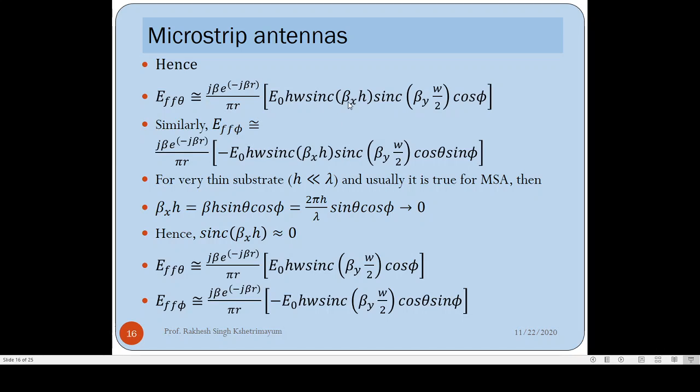So sinc of 0 is 1. So this term will go away. So the electric field in the far field, theta component, will have this expression, and this sinc function will become 1. So this is a simplified expression for the microstrip antenna in the far field theta and phi component electric field.